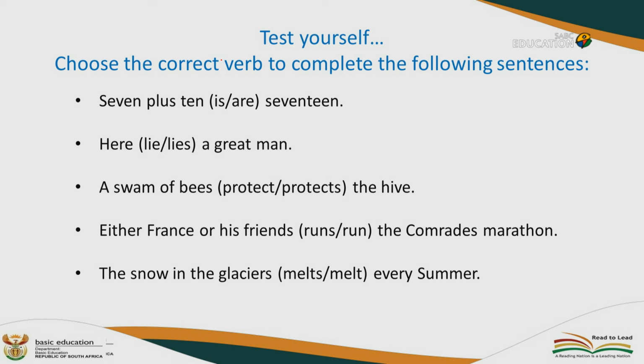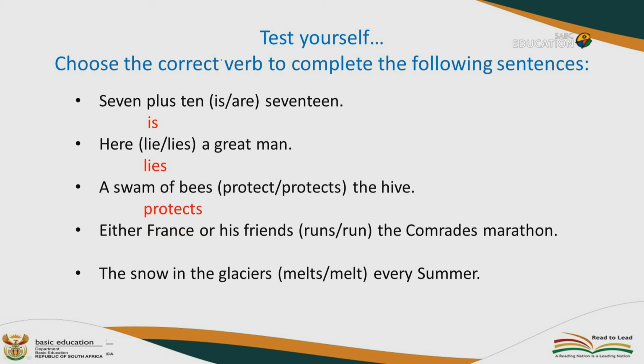If you've been listening to me, you will realize that 7 plus 10 is, even though 10 is a bigger number than 7. Here lies, remember, here is an expletive, therefore it is always followed by a singular verb. Here lies. A swarm of bees, it is a collective. It is always written with a singular verb.